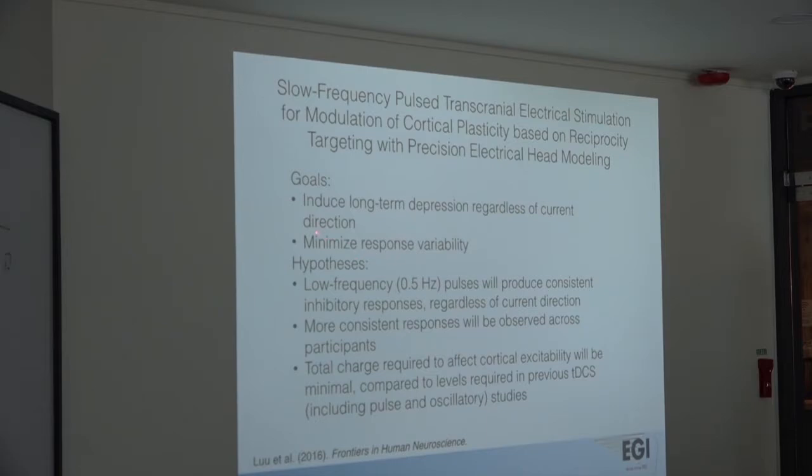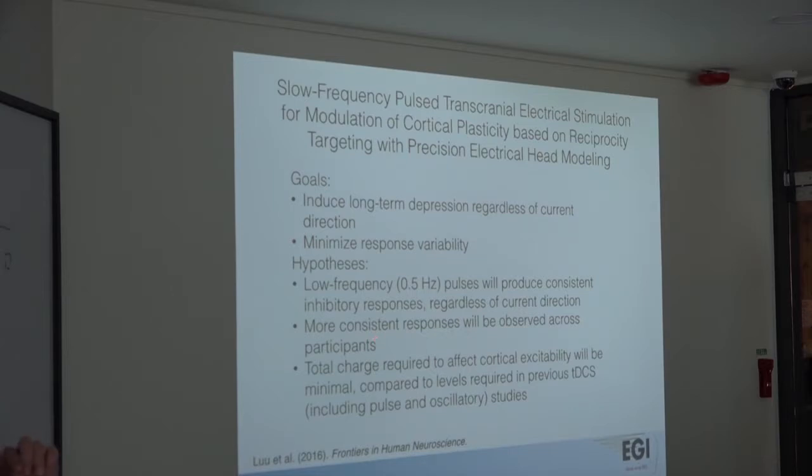Okay, and our goal is to minimize response variability. Our hypotheses are as follows. Low-frequency pulses will produce consistent inhibitory responses regardless of current direction. We'll see more consistent responses across participants.